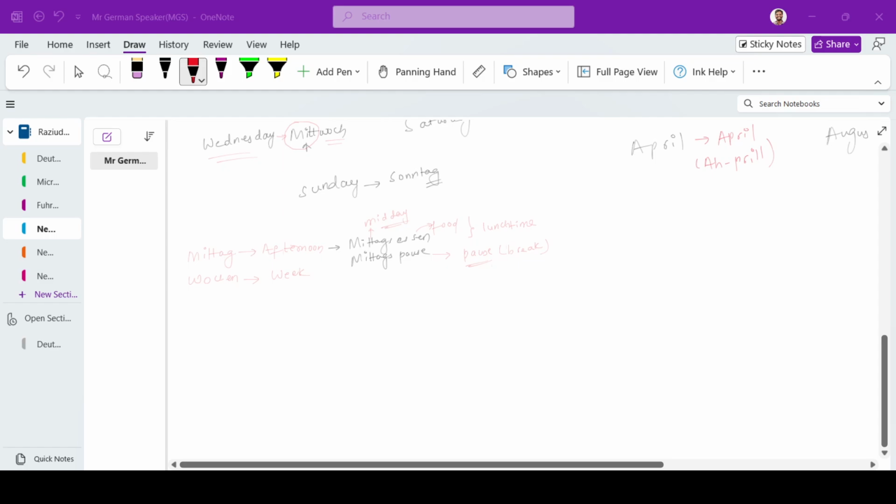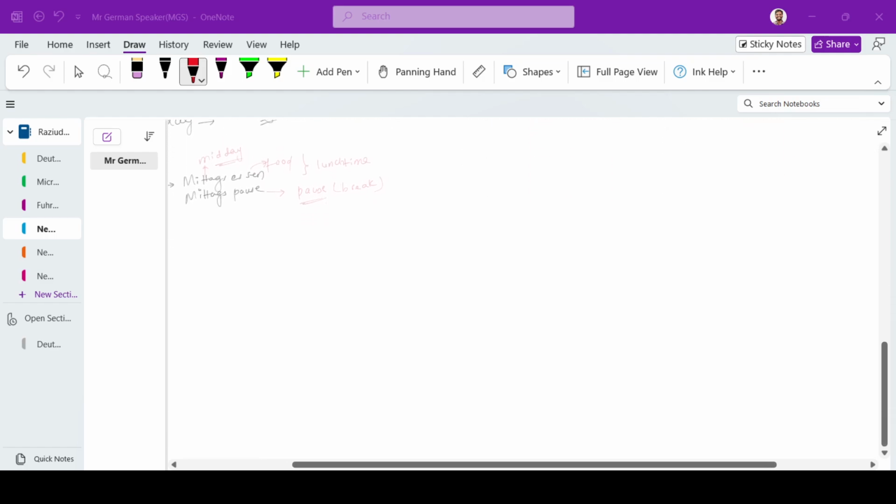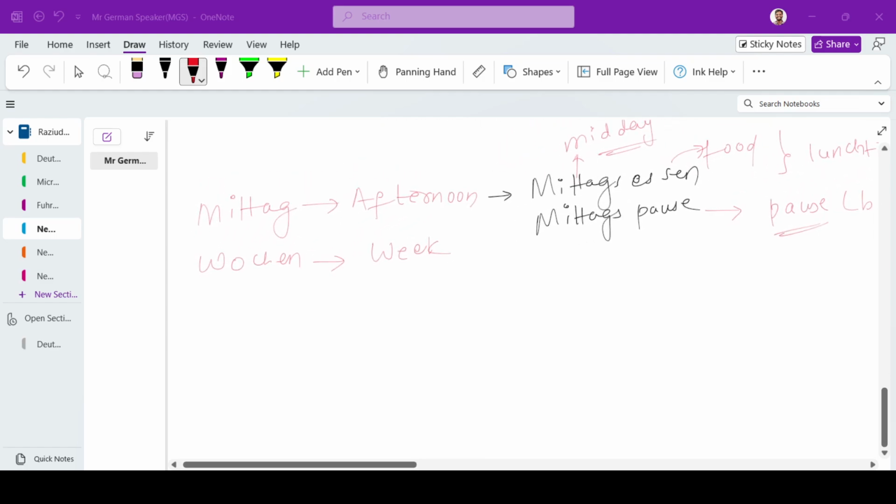Some more words I would say which we use. As I said here, Woche or Wochen is week, okay? Tag is like a day, as I said. Tag is day. Then we have jeden Tag. Jeden Tag is like every day.